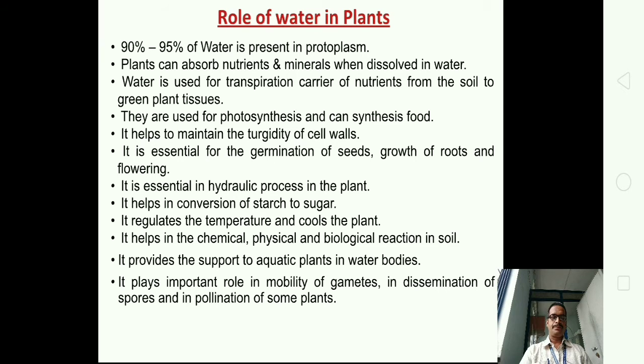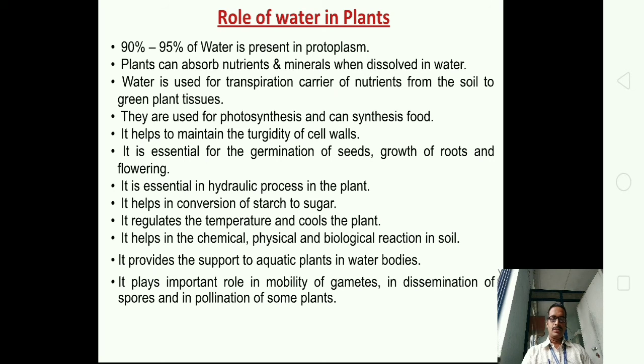It is used for photosynthesis to synthesize food. It helps to maintain the turgidity of cell walls, which helps in cell enlargement due to turgor pressure, and in cell division, which ultimately increases the growth of the plant.